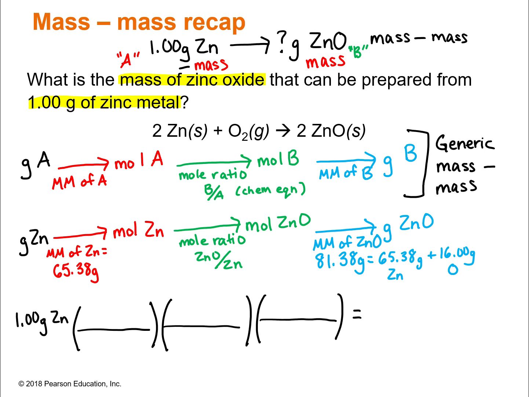First step, we have to convert grams to moles. That means we need a molar mass unit factor. 1 mole of zinc at the top, grams of zinc in the bottom, and that will get us to moles of zinc.